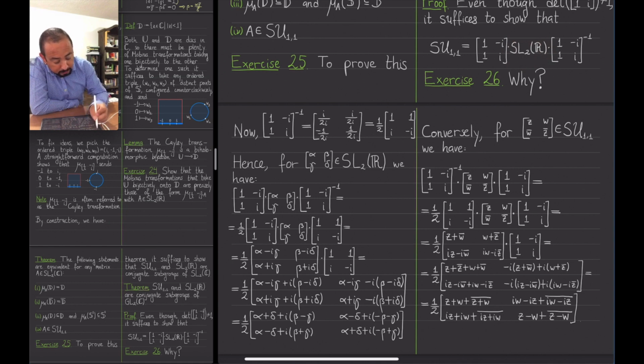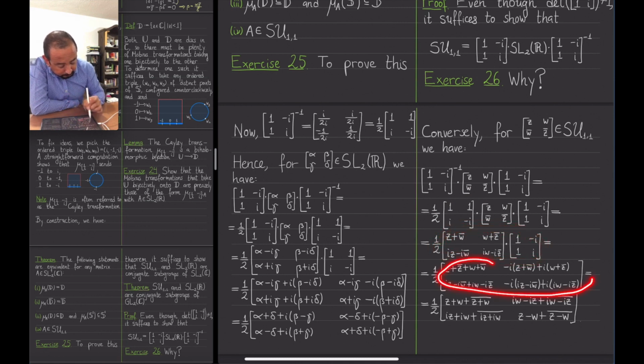So now this one inverse appears on the left, and this one without the inverse appears on the right. And here we put an element of SU(1,1). So it has determinant 1, and the second row is determined by the first row, as we said before. And we start computing. This inverse is here, and we perform first this, and then this.